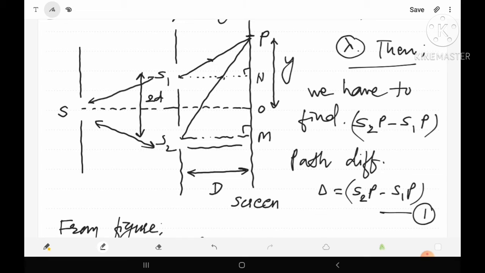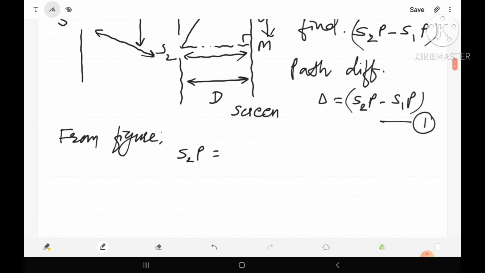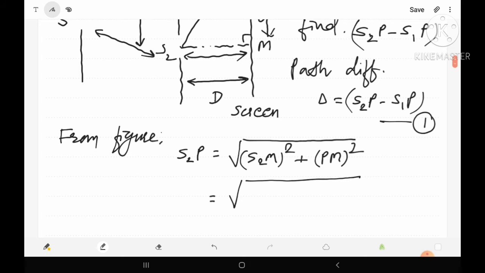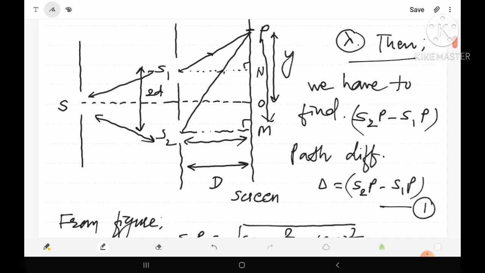under root of S2M square plus PM square. Here S2P is equal to under root of S2M whole square plus PM whole square, which is equal to under root of S2M, meaning D square, plus PM, meaning y plus this distance, and this distance is equal to small d.